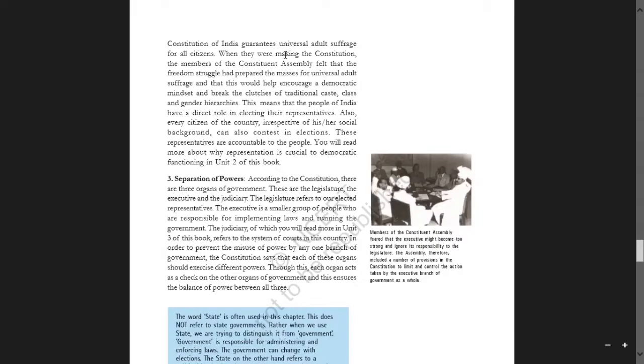When they were making the constitution, the members of the Constituent Assembly felt that the freedom struggle had prepared the masses for universal adult suffrage, and that this would help encourage a democratic mindset and break the clutches of traditional caste, class, and gender hierarchies.